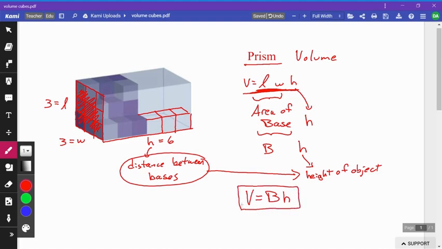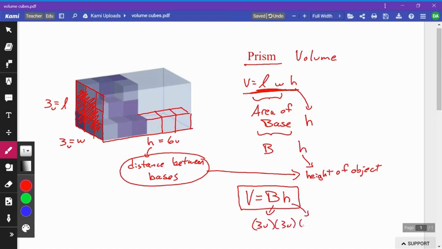Now, if I take a look at the units for this, I know that this is going to be 3 units, that's going to be 3 units, and that's going to be 6 units. So the area of the base is 3 units times 3 units.